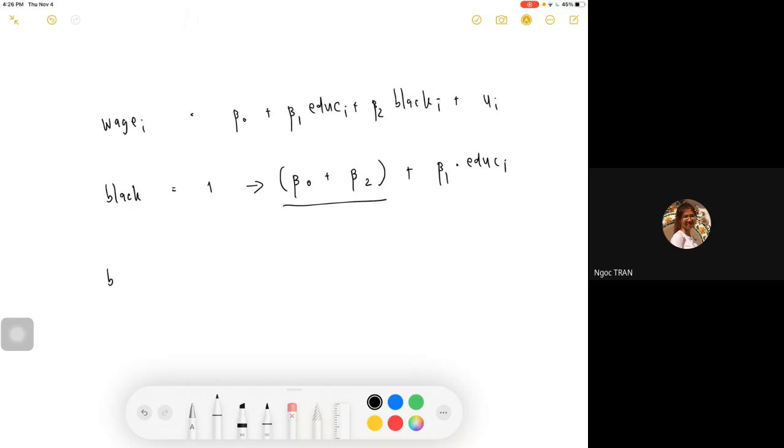But for non-black people, your dummy here will equal 0. It means that your intercept will equal beta 0, plus beta 1 times the education variable here.